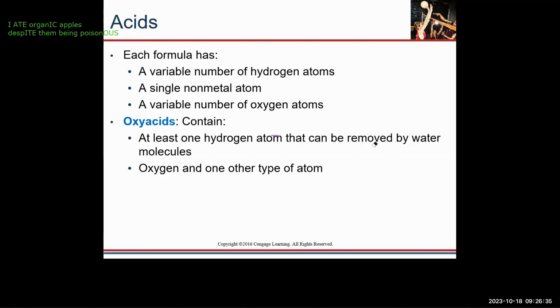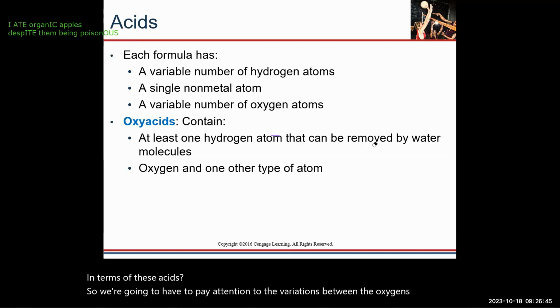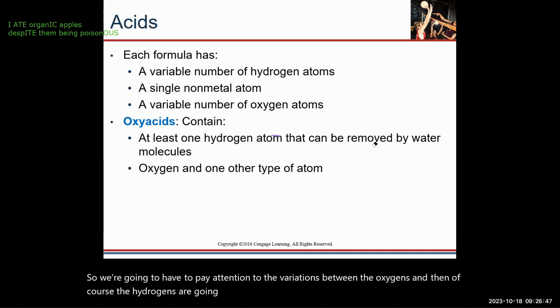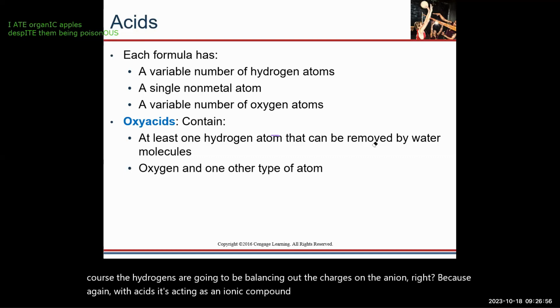Okay, so in terms of these acids, we're going to have to pay attention to the variations between the oxygens. And then, of course, the hydrogens are going to be balancing out the charges on the anion, right? Because again, with acids, it's acting as an ionic compound, and so the H plus has to balance out the charges.